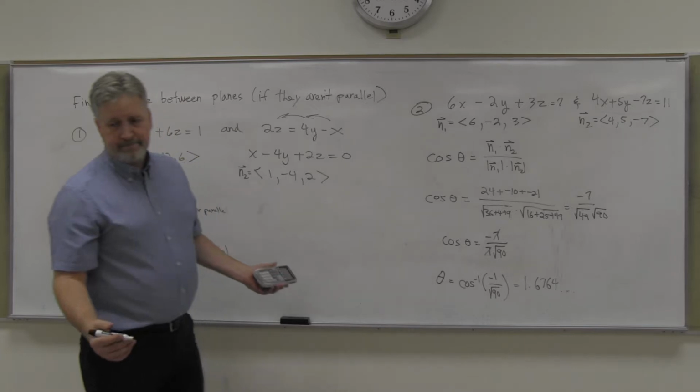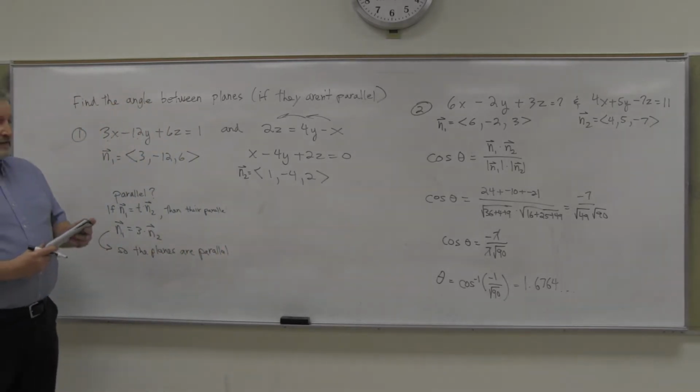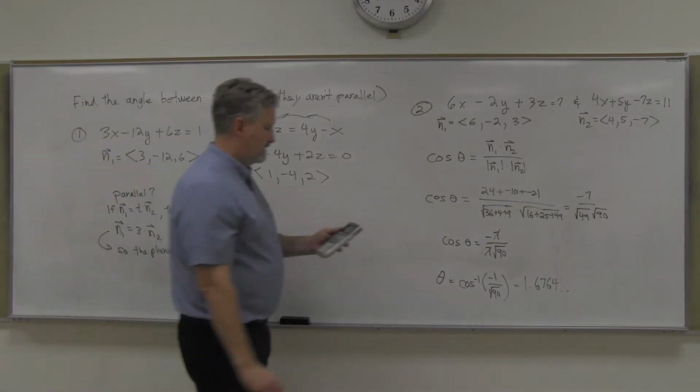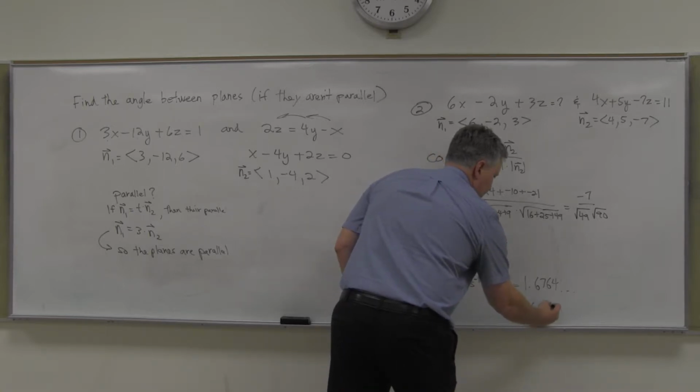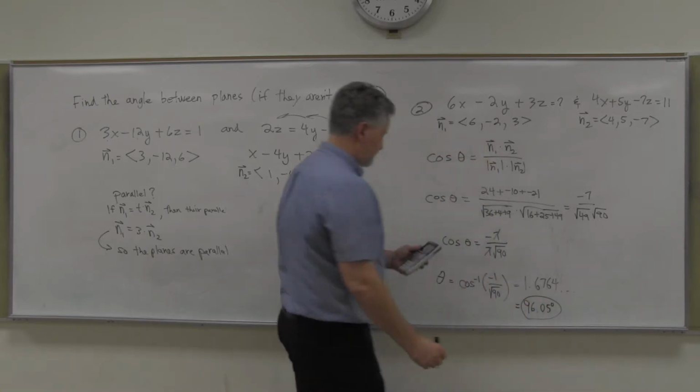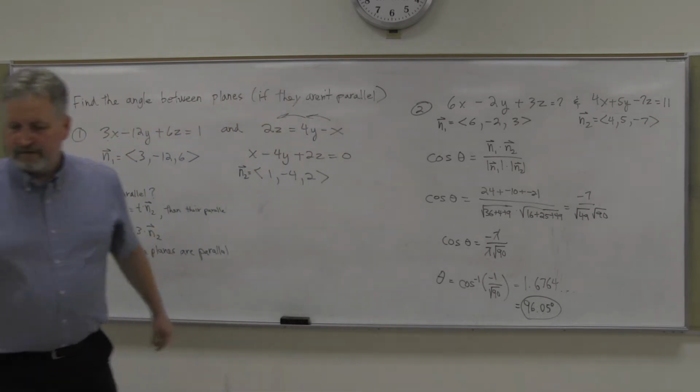That's radians. So if I wanted the degrees, change the degree mode, but let's just multiply by 180 over pi, that'll give us degrees. I think that's probably what they want. 96.05 degrees. Two decimal places anyway.